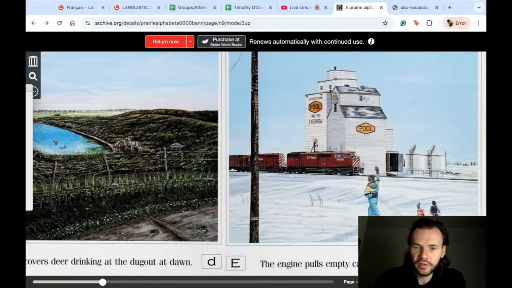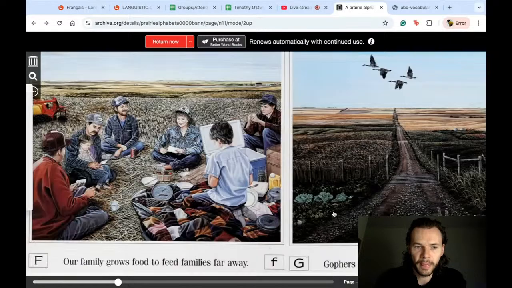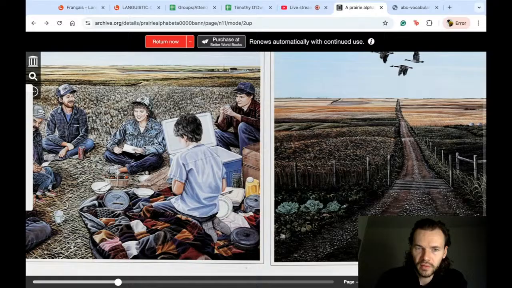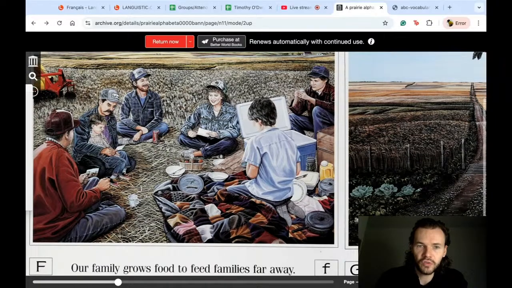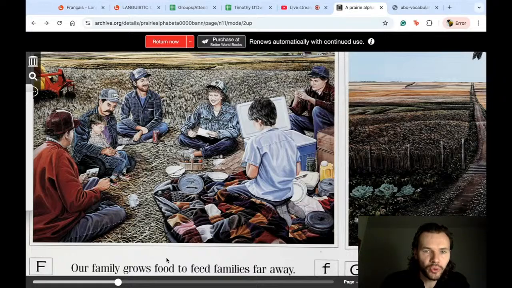Okay. Now, let's look at our next letter, the letter F. F is for our family grows food to feed families far away. Right. Our family.